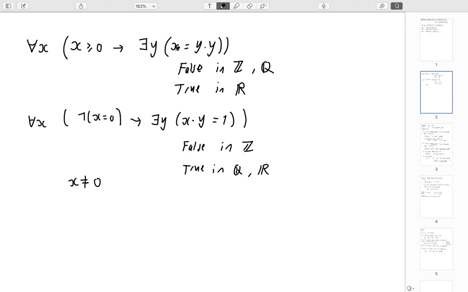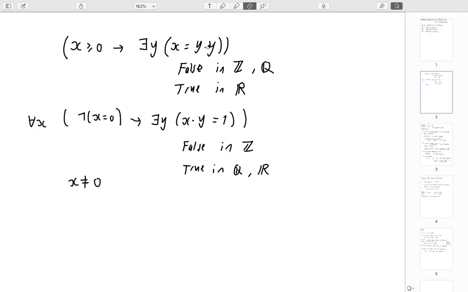But the point I'm trying to make, which maybe I shall make more clearly as follows, is that if we remove this quantifier here, and we're interpreting it in the rational numbers, then we can no longer say whether the formula is true or false. This is the formula: x is greater than or equal to 0 implies there exists a y such that x is the square of y.